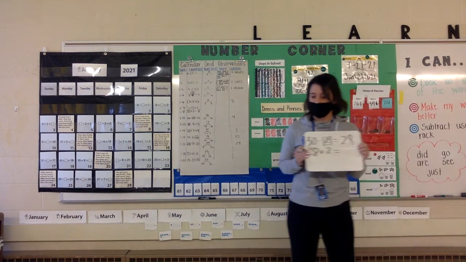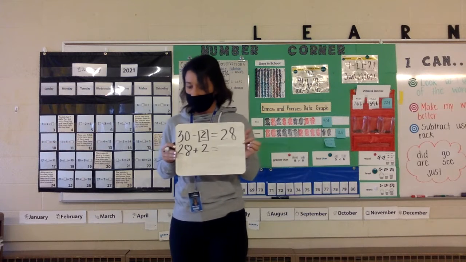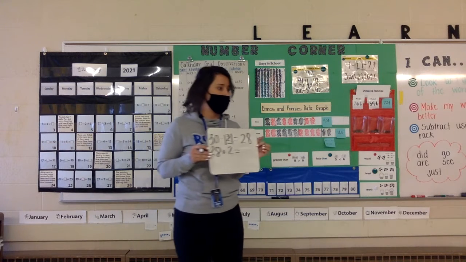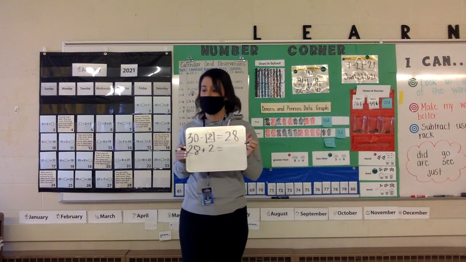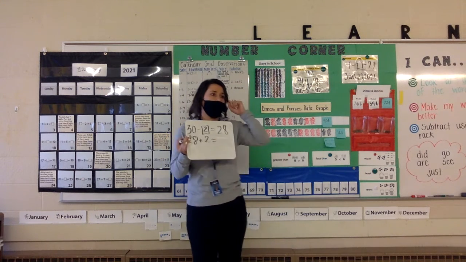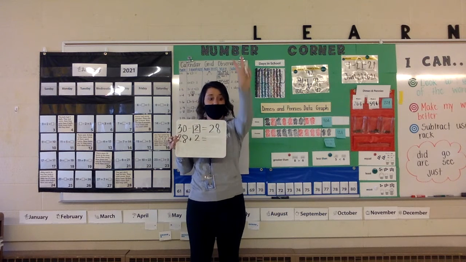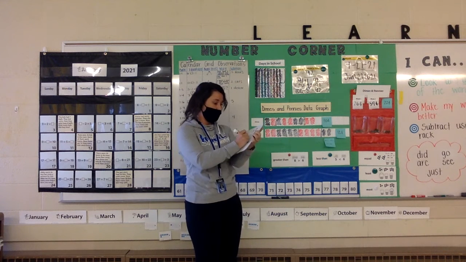What's the answer? Show me your boards. At home, you should be trying to figure this out too. Good. Yeah. So put 28 in your brain, and we're going to count 2. 28, 29, 30. The answer is 30.